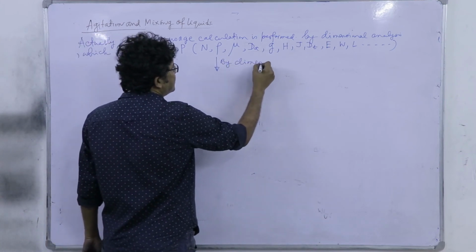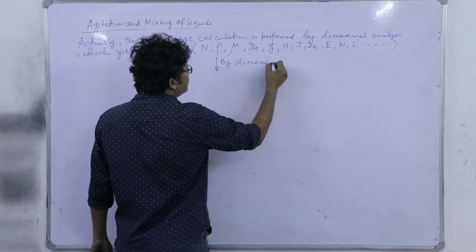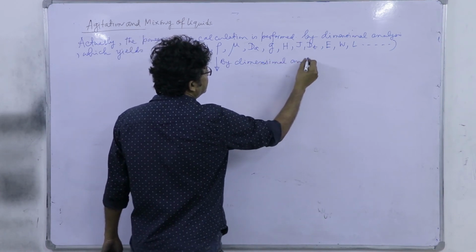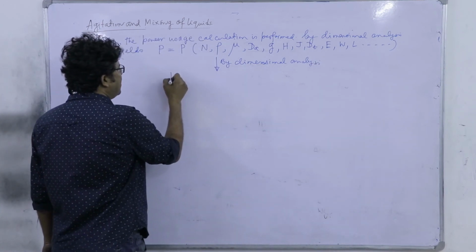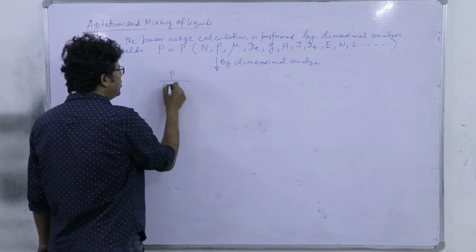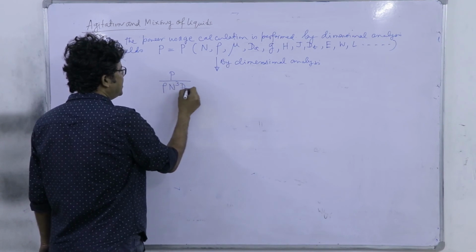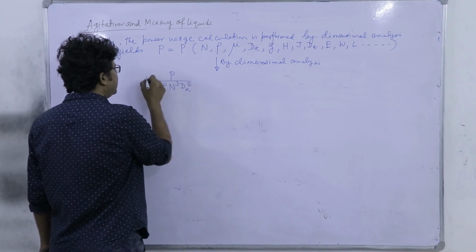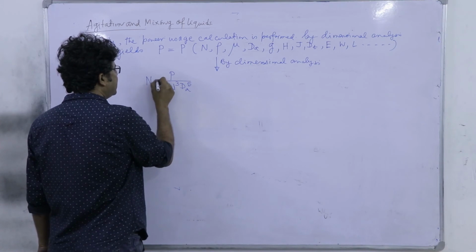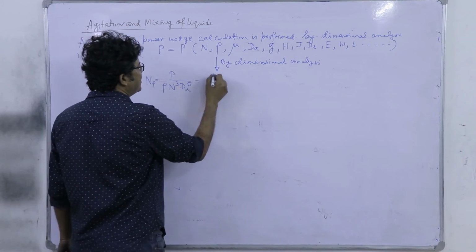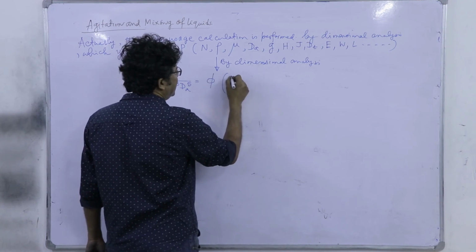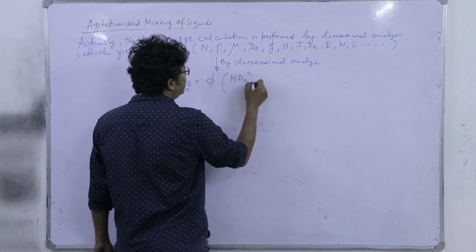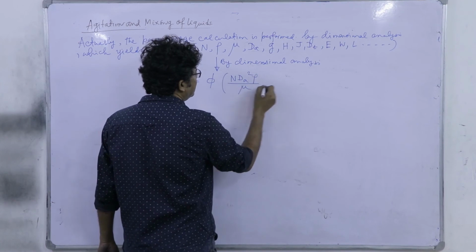So if we perform a dimensional analysis here, we will get the power number P divided by rho into N cube into dA to the power 5. That is, the power number is a function of this group N into dA square into rho divided by mu.